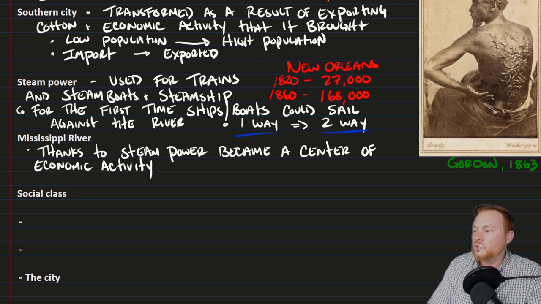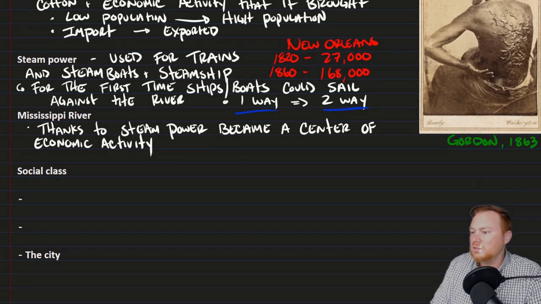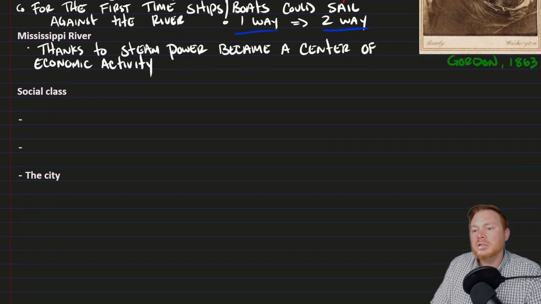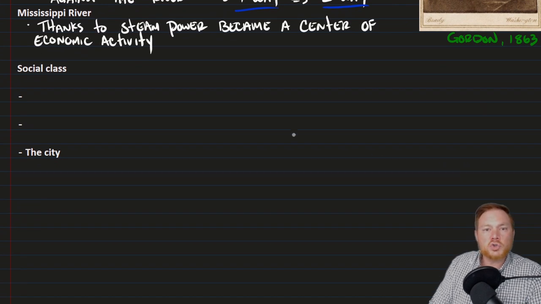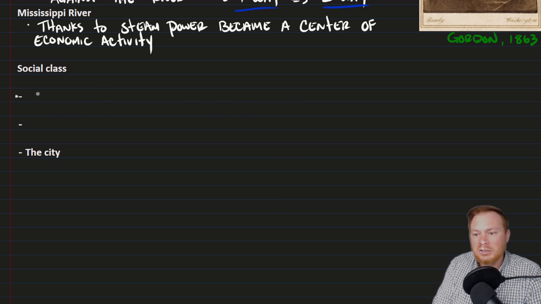Now, as far as social class goes, when we think about the American South and the antebellum period, there are primarily two classes, or three classes, we should say, in society in the South. The first one is the landowning elite classes.